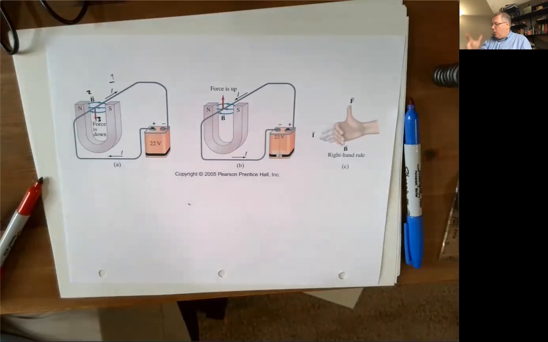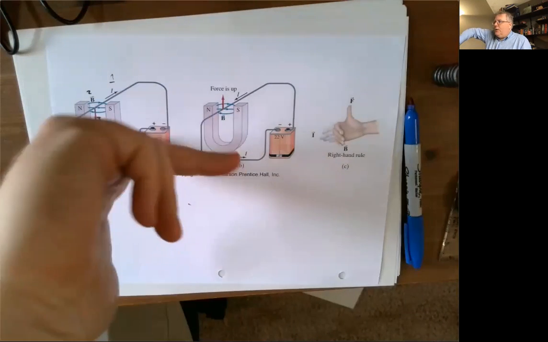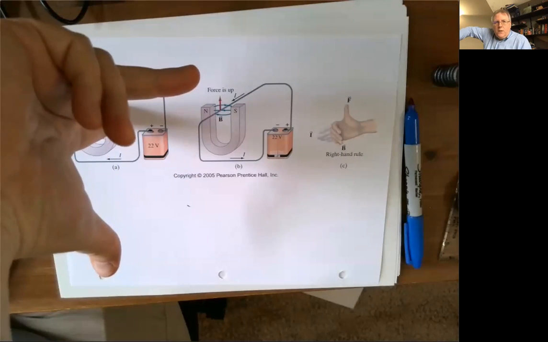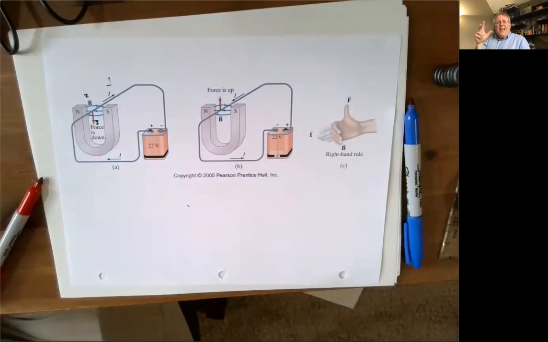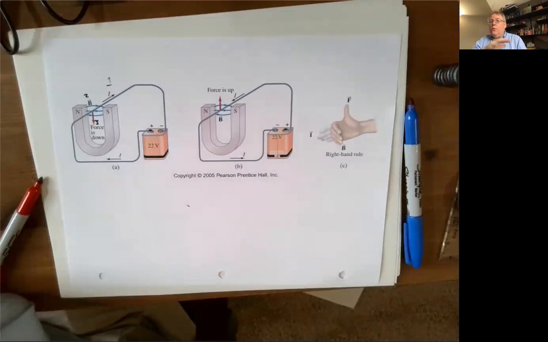If you put your forefinger pointing in the direction of the current, your second finger in the direction of the B field, your thumb then points in the direction of the force. There's like 10 variants of this, and you may have been taught a different one. If you're comfortable with a different right-hand rule, use the one you're comfortable with. I prefer this one though.